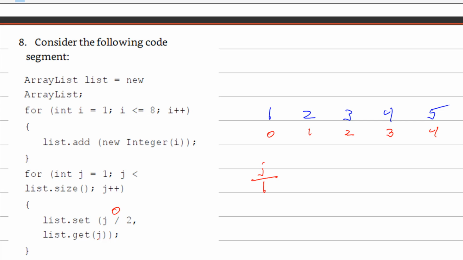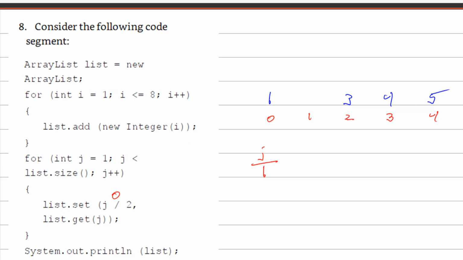So I'm going to put into the 0 position what is currently in the 1 position. There's a 2 in the 1 position, so list.set means overwrite into the 0 position what is in the 1 position.